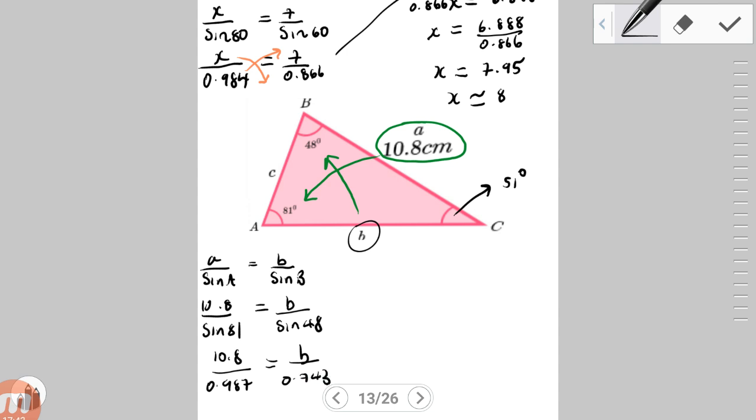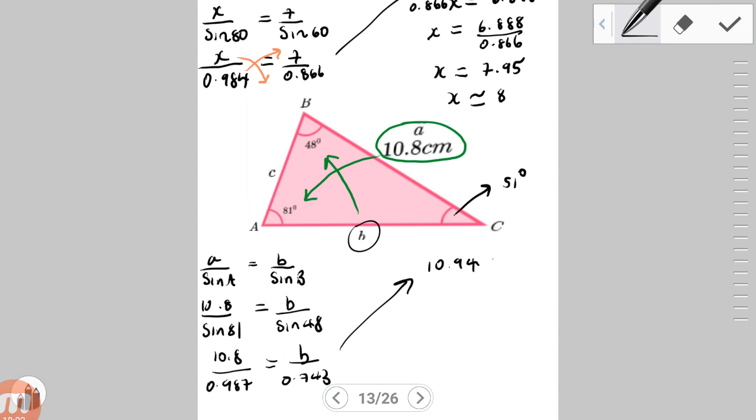So now, the last example I showed you that you have to cross multiply, but we can simply go ahead and divide 10.8 by 0.987. And so we end up with 10.94.